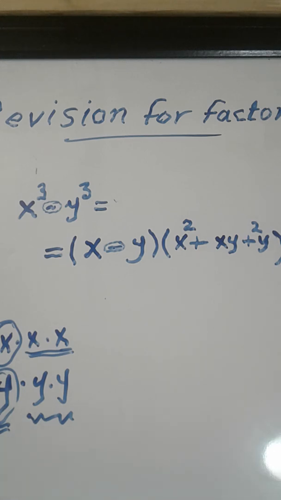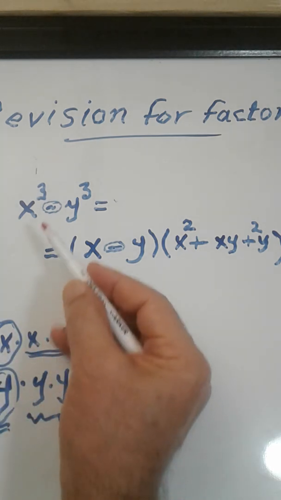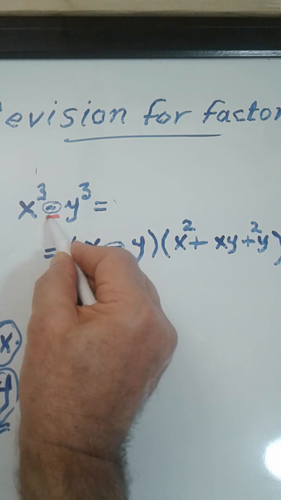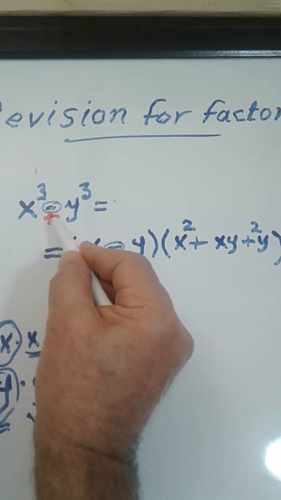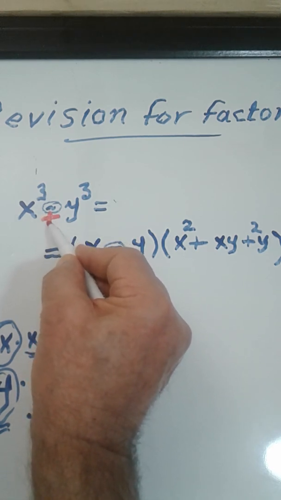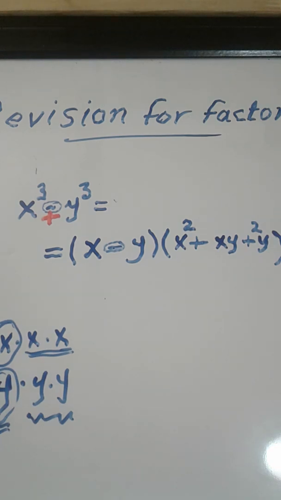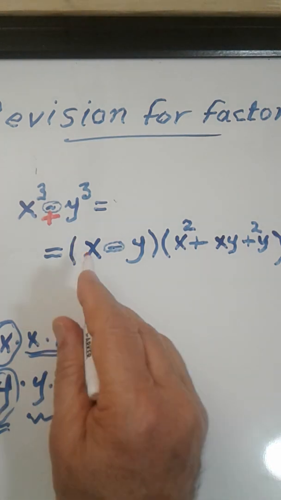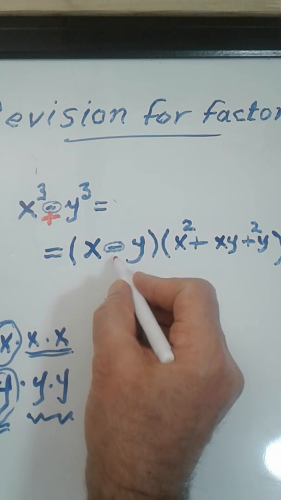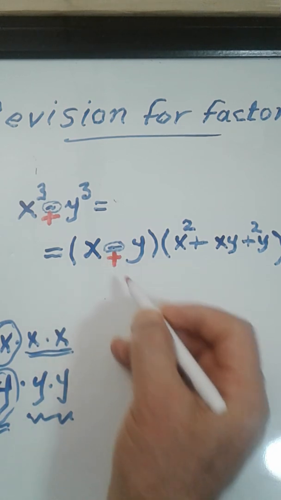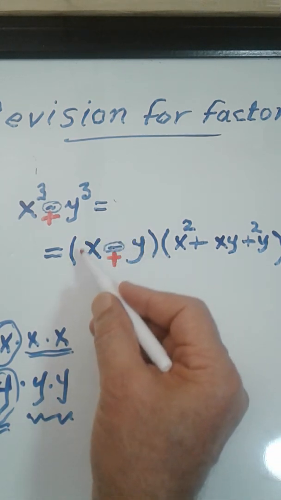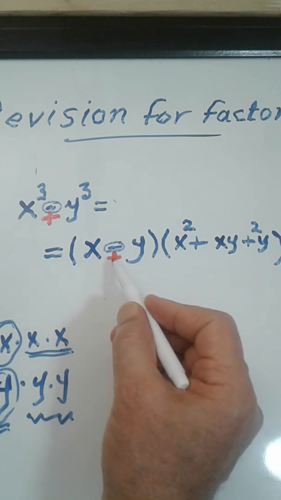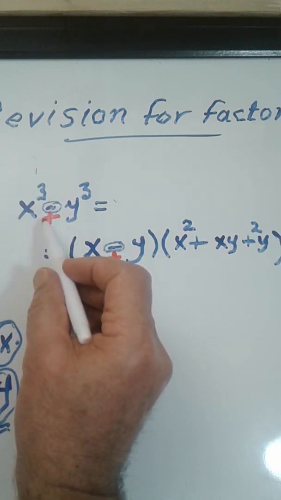Now if there's addition of two cubes, not a difference, we have plus here. It's the same thing, but we write plus here. So always in the first two brackets, the sign is the same as the sign here.